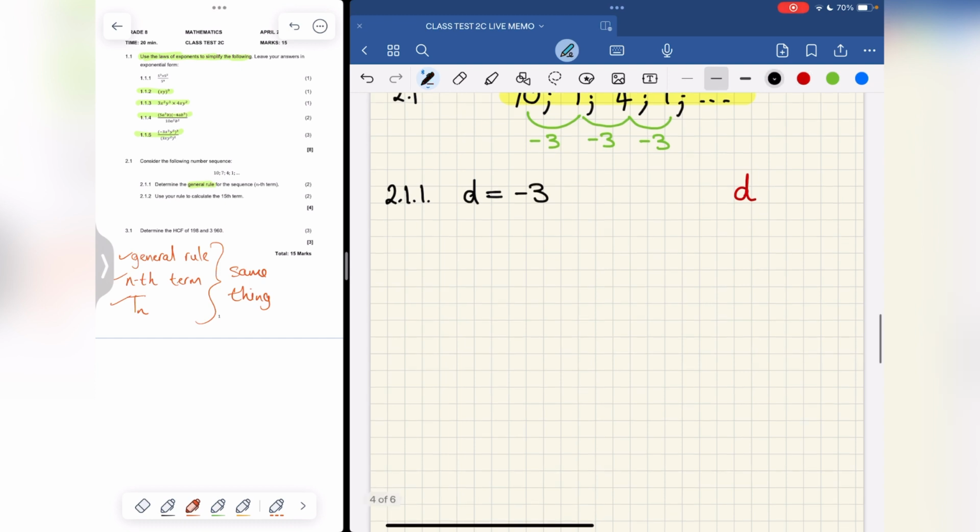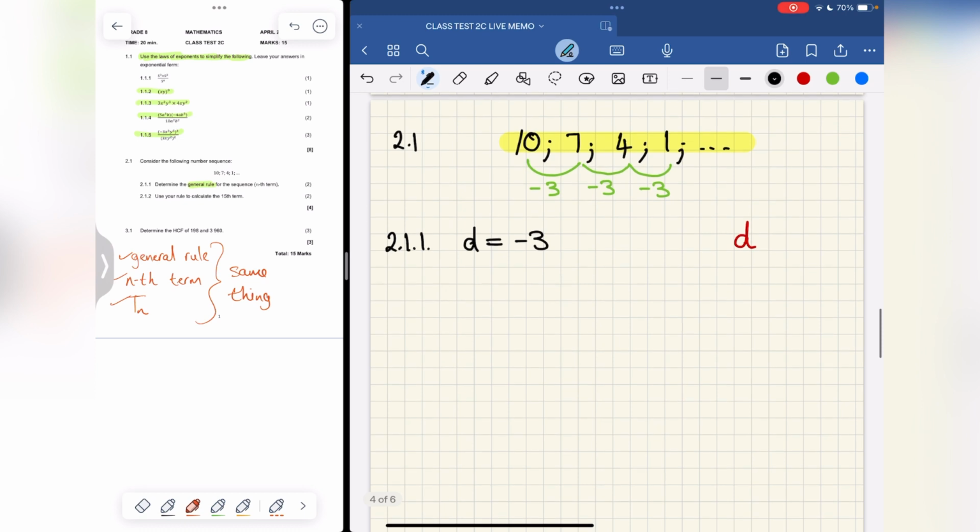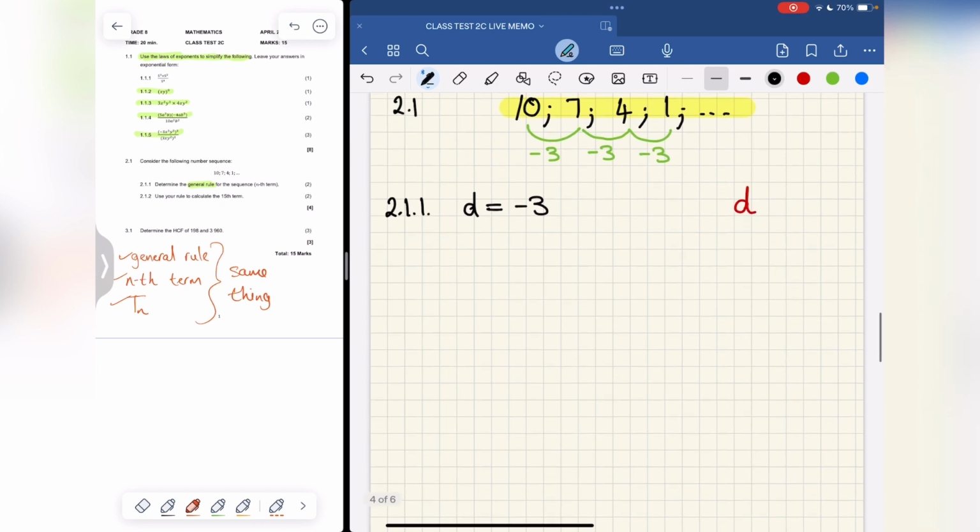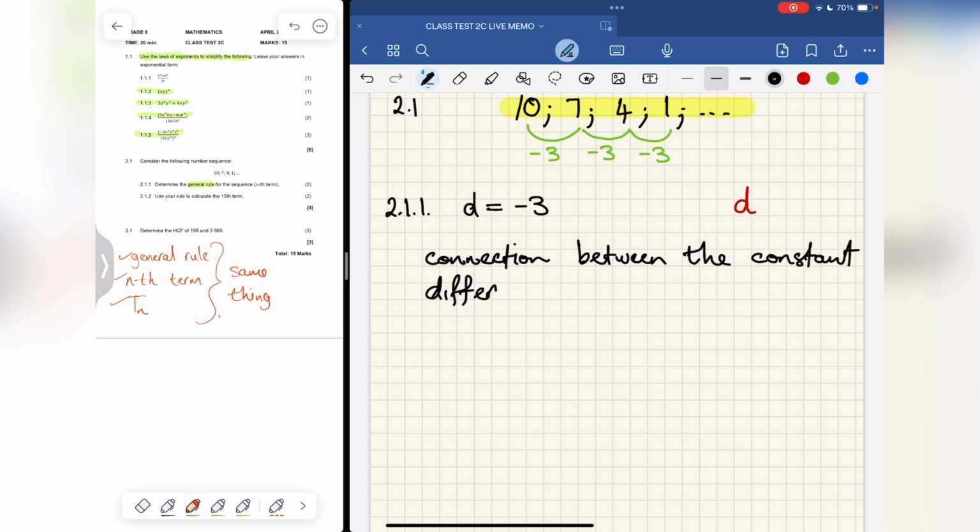So what do I do after I've calculated the constant difference? One of the ways that we've learned to work from here to get our general rule is to establish a link, some kind of connection between the constant difference and the term position.